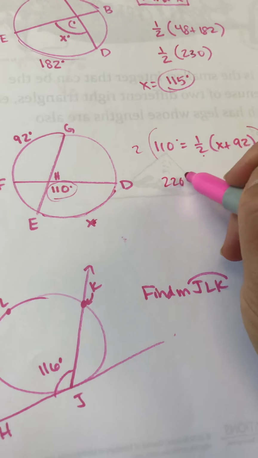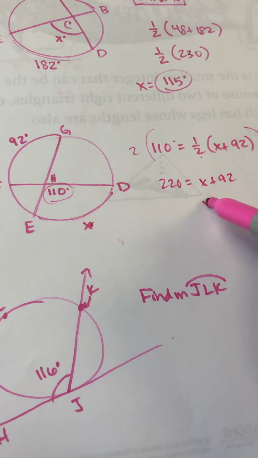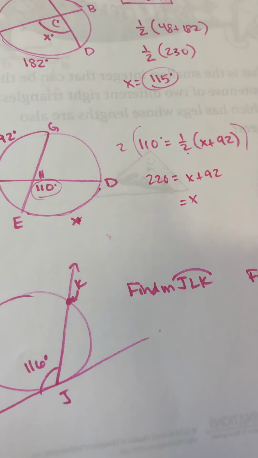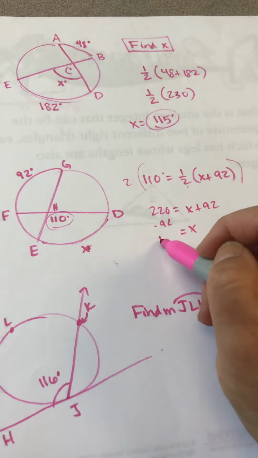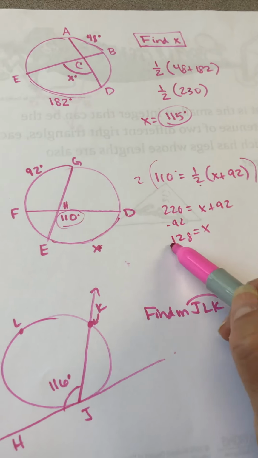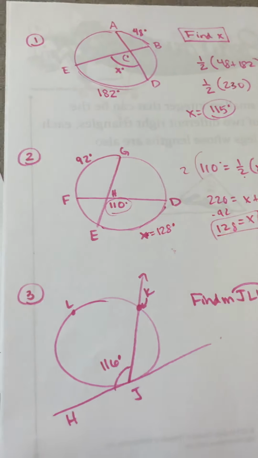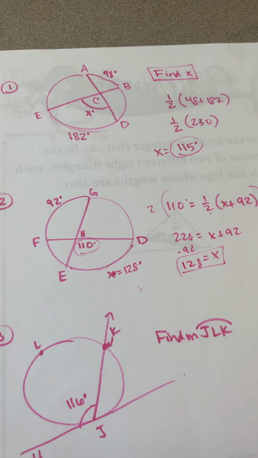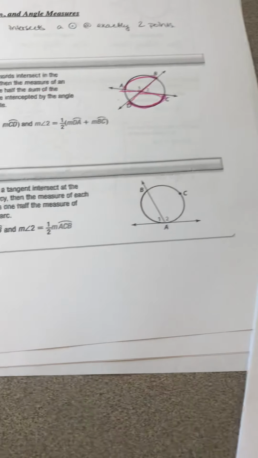So you get 220 equals X plus 92, subtract your 92, and you will be left with 128 for your X. So your X right here is 128 degrees.